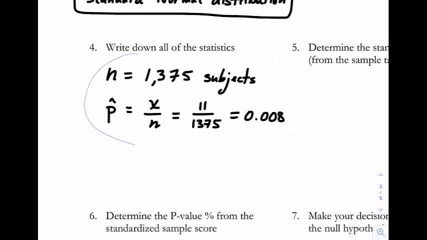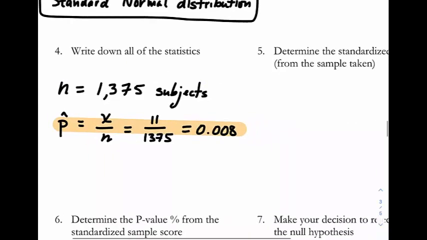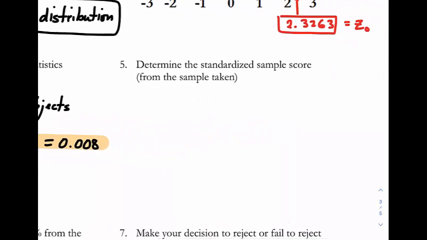So we'll end up standardizing that number and seeing if we have something significant. I want to standardize the 0.008 and turn it into a z-value that can compare to our cutoff point.